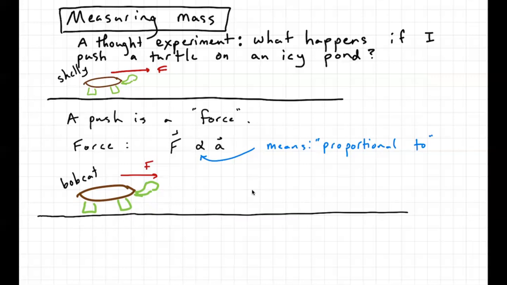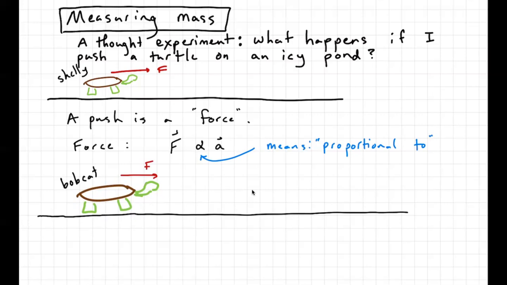So a question I can ask is, what happens here? If I apply the same force to both turtles, which one's going to accelerate more? The intuitive answer is that Shelly's going to accelerate more because she's littler, and Bobcat is going to accelerate less because she's bigger. And what we mean by littler or bigger here is really the mass.